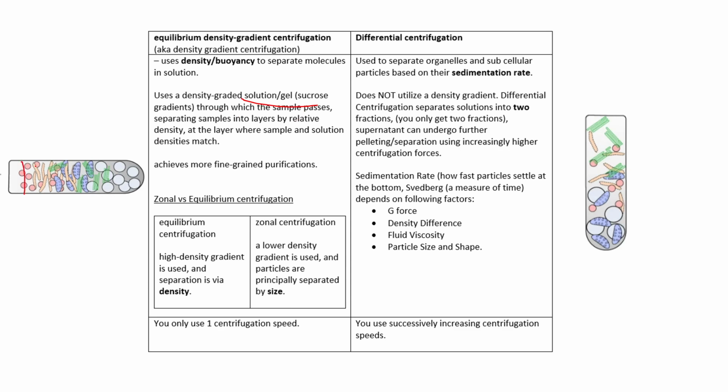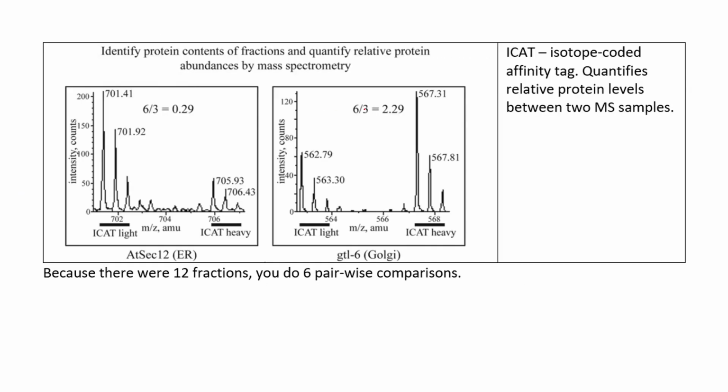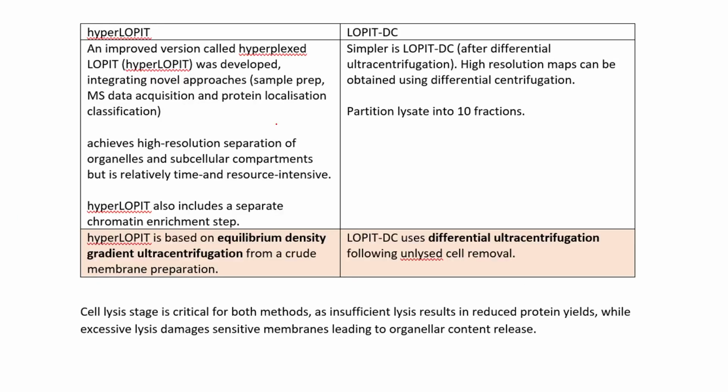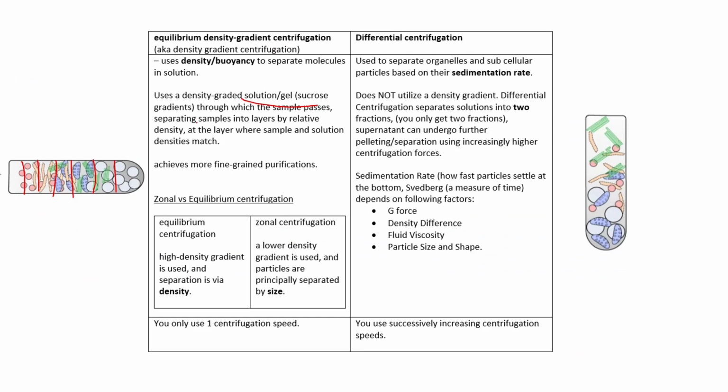So if you look over here, you basically have a gel, like a sucrose gradient or whatever other gradient. Like the very first slide, it was an iodixanol gradient. And you basically get fractions. So that's equilibrium density gradient centrifugation.